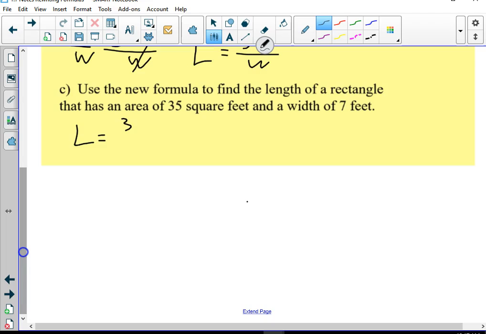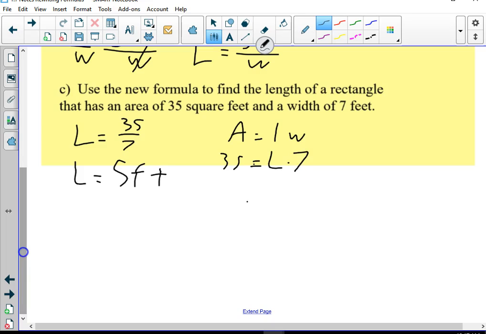So use the new formula to find the length if the area is 35 and the width is 7. So what is our length? Yep, 5 feet. Now, just for the heck of it, let's go back to the original equation. Area is 35, L we don't know, and our width is 7.